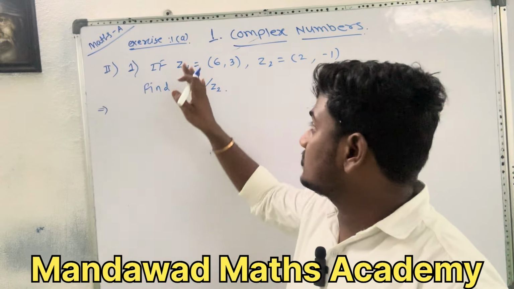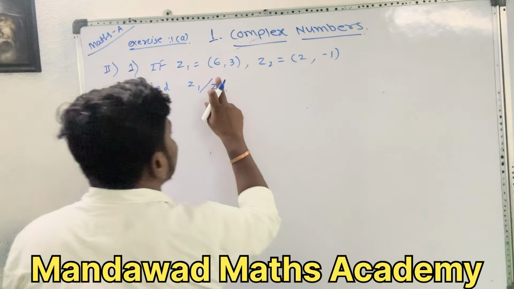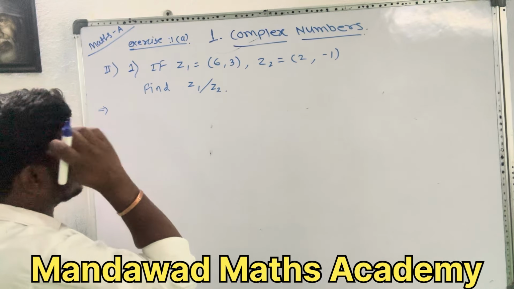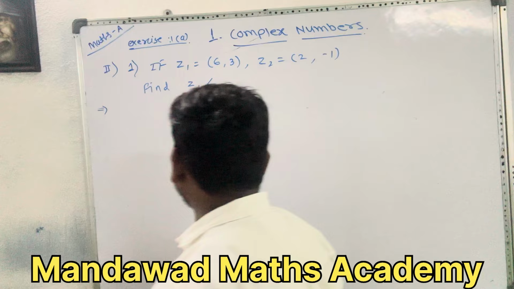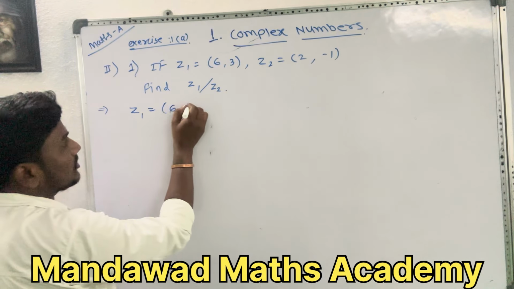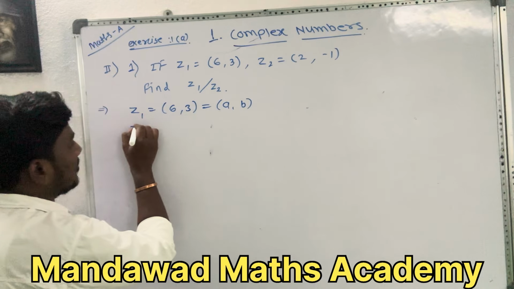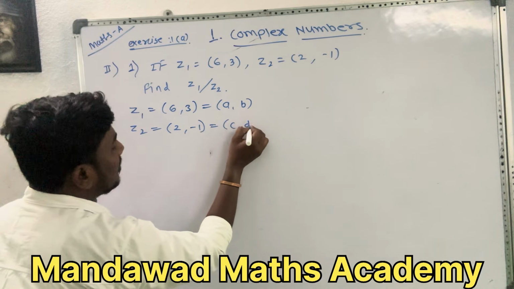Exercise 1a, second Roman, first question. If z1 is equal to (6, 3) and z2 is equal to (2, -1), find z1 divided by z2. Let us consider z1 divided by z2 as one complex number, with z1 equal to (6, 3), that is a comma b, and z2 equal to (2, -1), that is c comma d.